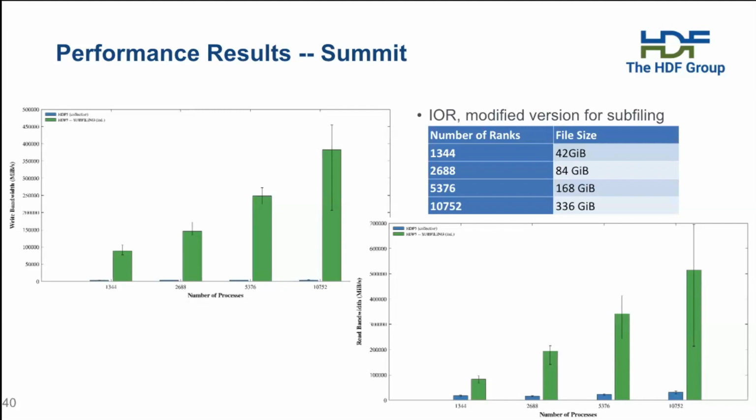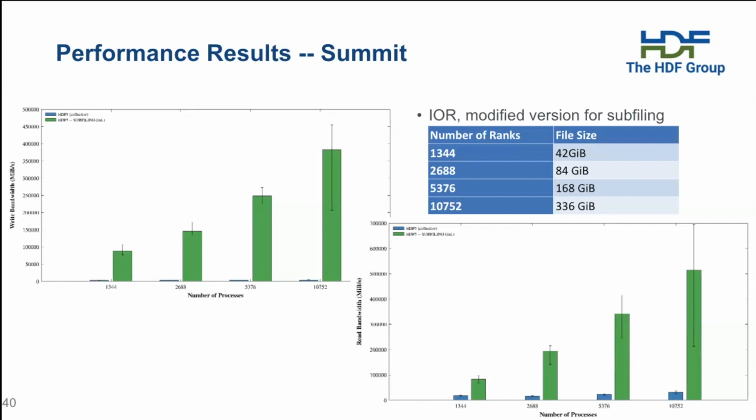The question is, has the subfiling VFD been updated so that IO requests to the IO concentrators use vector IO?